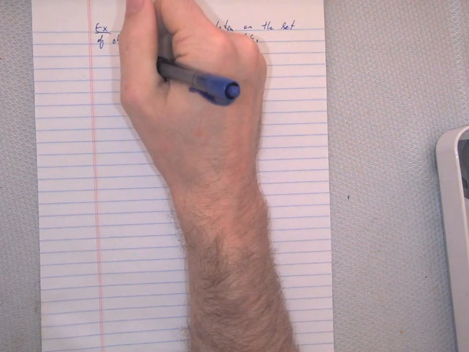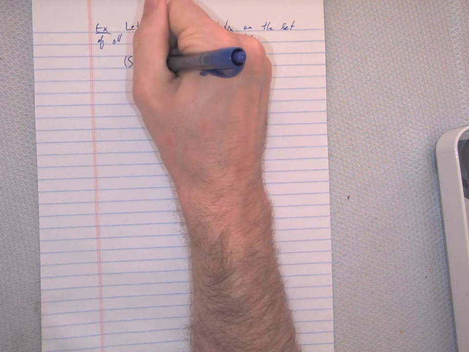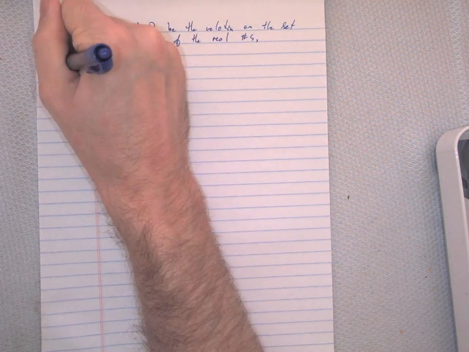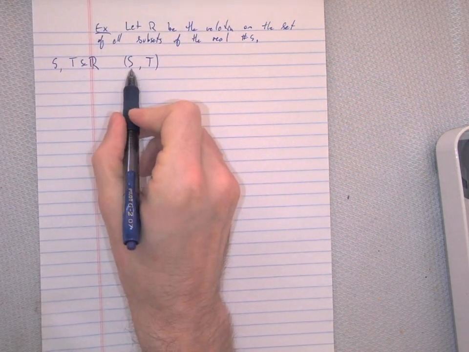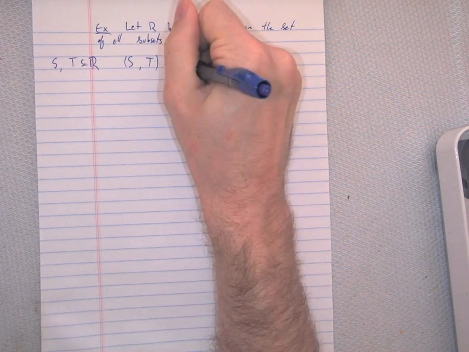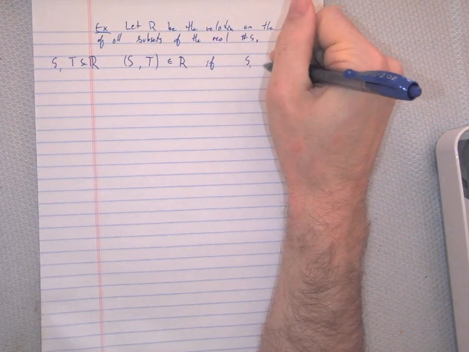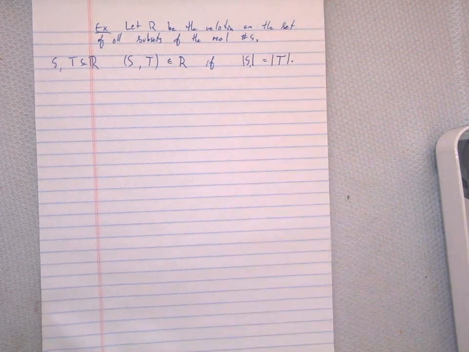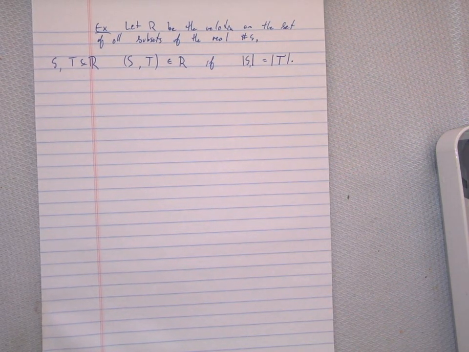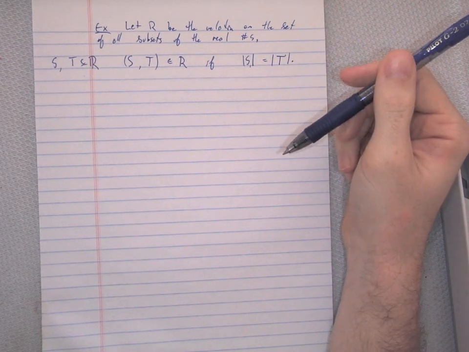So what I'm going to say is that I take S and T. So let S and T be subsets of R. (S, T) is inside the relation if the cardinality of S is equal to the cardinality of T. Okay, so it'd be a good exercise for you to check that this is indeed also an equivalence relation.